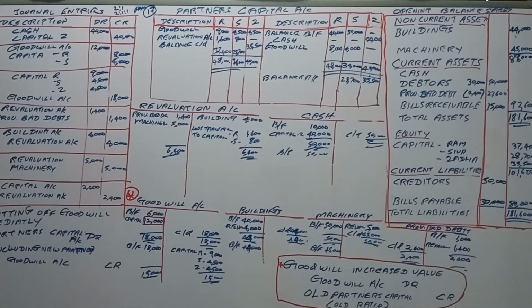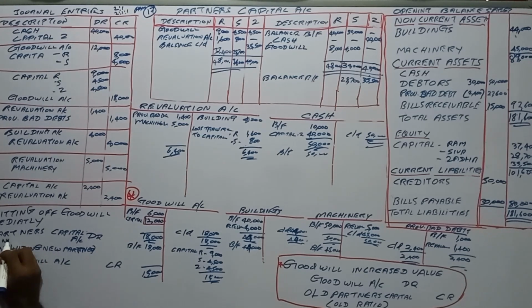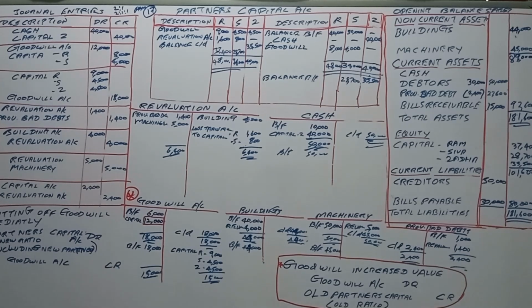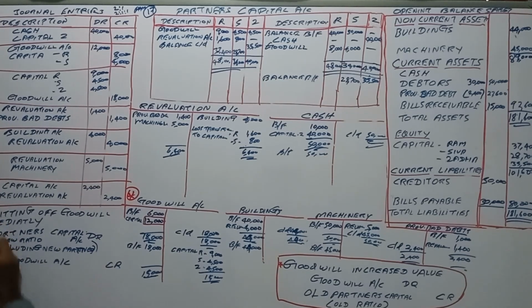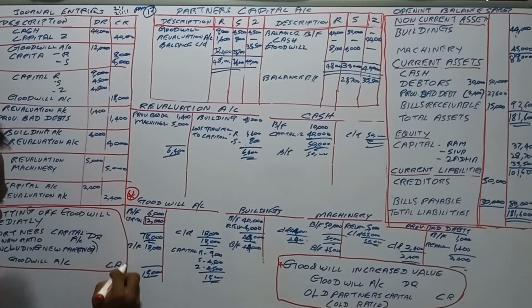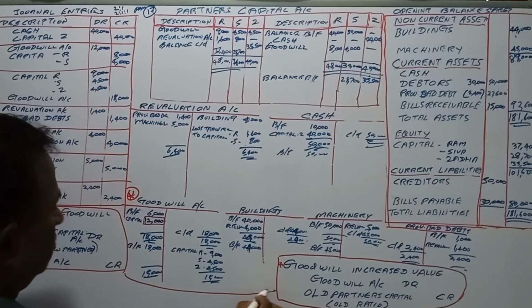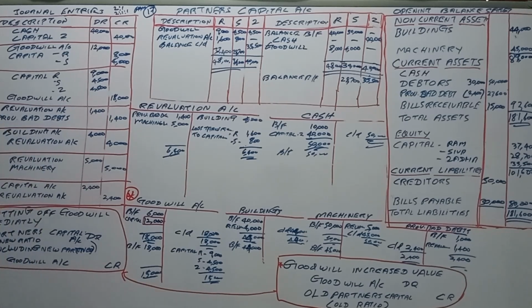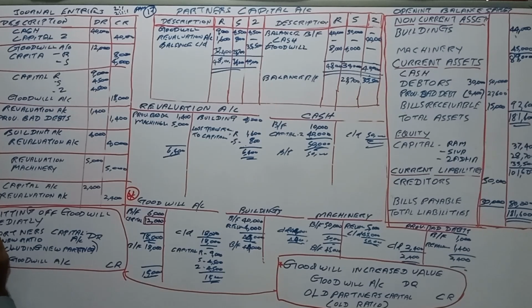Right. This is in the new ratio. This is what we have to remember, this double entry. These entries, double entries, you have to remember.